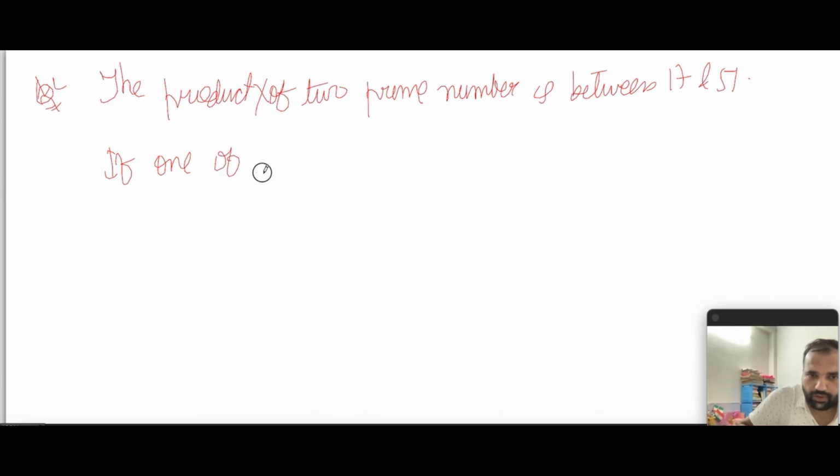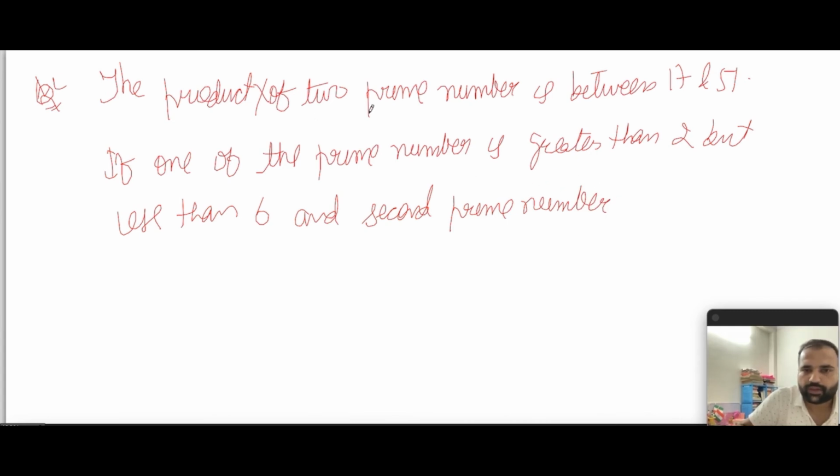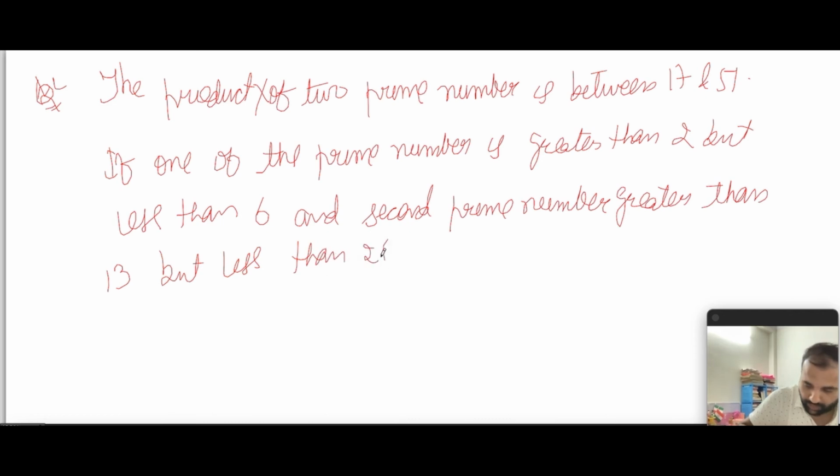If one of the prime numbers is greater than 2 but less than 6, and the second prime number is greater than 13 but less than 25, then the product x of the 2 numbers is between 17 and 51.